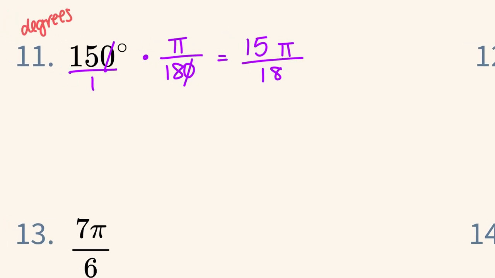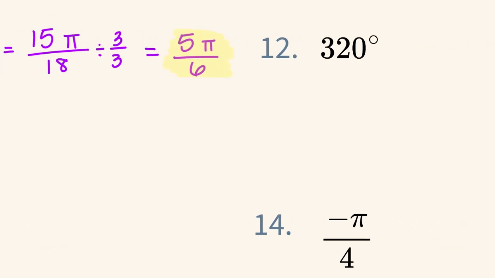Yes, using what number? 3. Good. I'm dividing top and bottom by 3. What would I get? 5 pi over 6 would be my answer. So look at it. I'm going from degrees to radians. 150 degrees is 5 pi over 6.